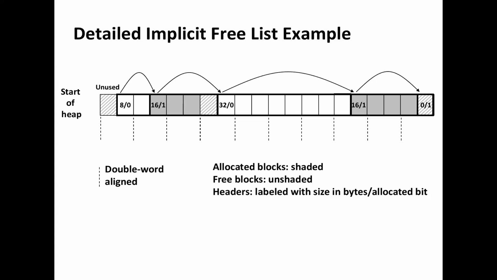So that's why it's 8. And it's marked as free. So the next block, it turns out that it's already misaligned, right? So it's already off by 8 bytes, so I can directly place a header right after this block. So now I have this next header. After the header, I'm again double word aligned, so the payload is again going to be aligned.